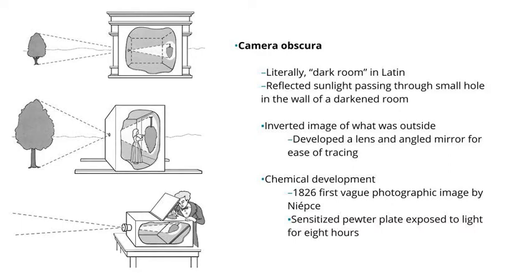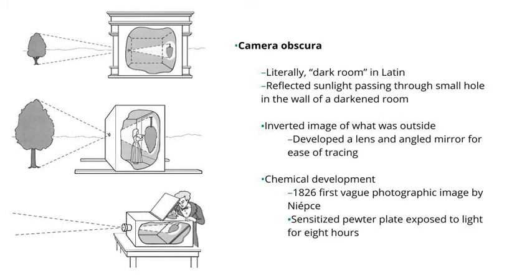And this was because you would literally use a dark room with a pinhole in it that sees the sunlight outside. And the only light that can come into the room is through that pinhole. So basically, reflected sunlight passing through the small hole shows an inverted image of what's outside on the wall inside.